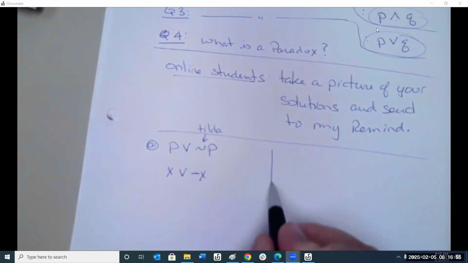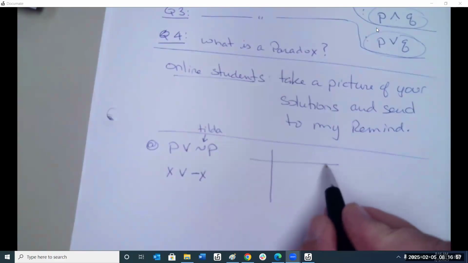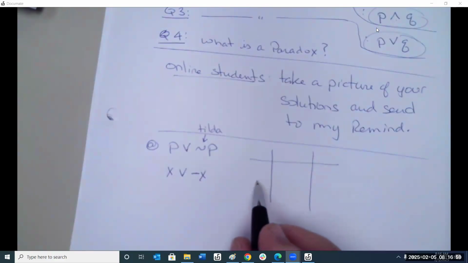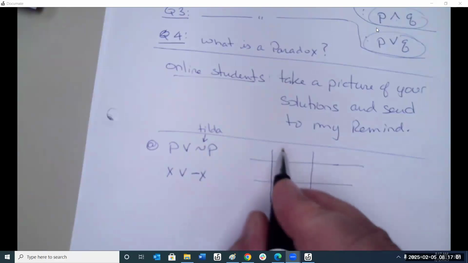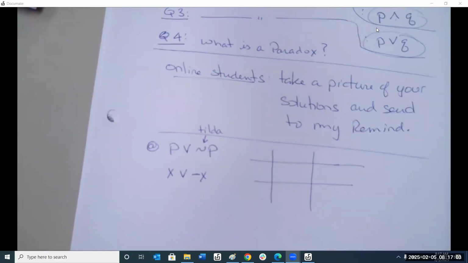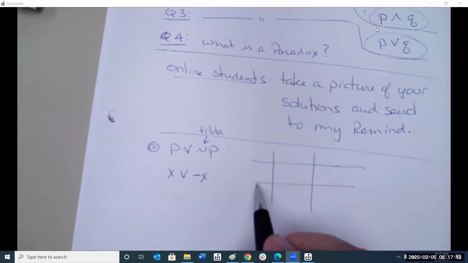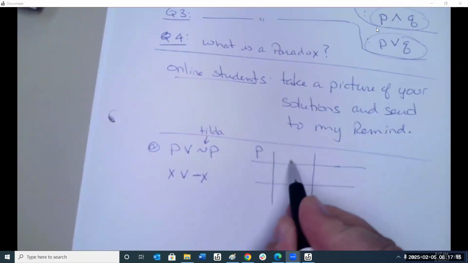So, how many rows are we going to have? First off, you can't have 3. You cannot have an odd number of rows. It has to be an even number. So what do we title the first column? P. What's the second column?